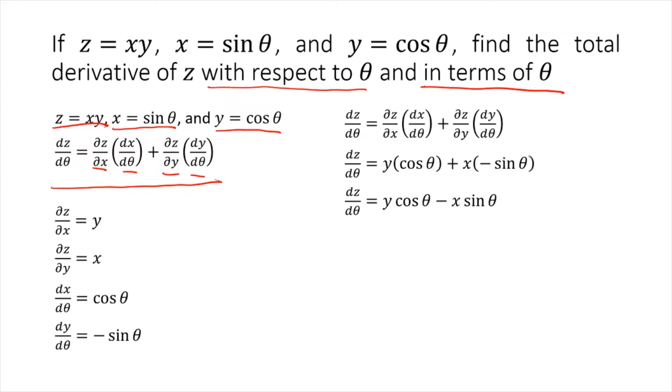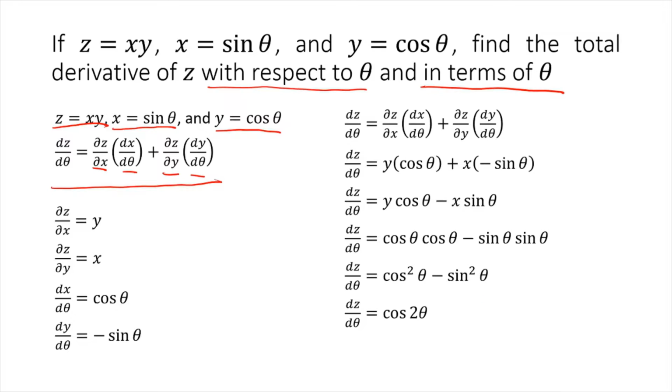We know y is cosine theta from the given, while x is sine theta, again from the given. Plugging these in and simplifying results in cosine squared theta minus sine squared theta. If you can still recall, this is an identity, equivalent to cosine 2 theta, the double angle identity of cosine. So this is now our final answer.